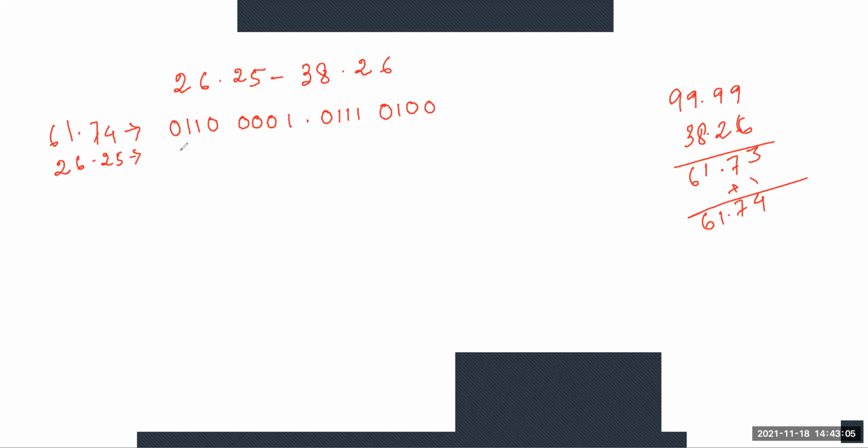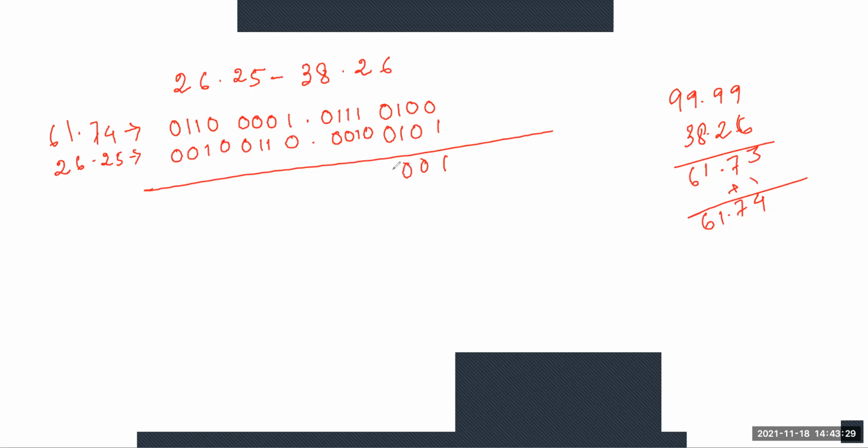So 2 means 0, 0, 1, 0. 6 means 0, 1, 1, 0. 2 means 0, 0, 1, 0, and 5 means 0, 1, 0, 1. Now we will add.